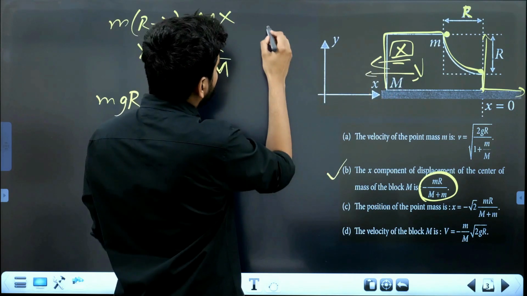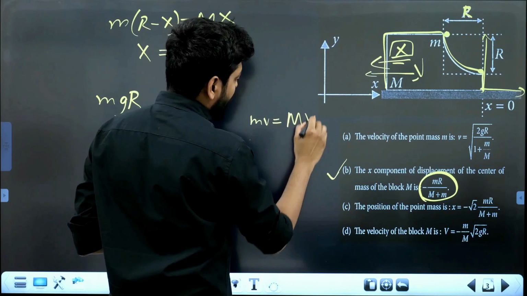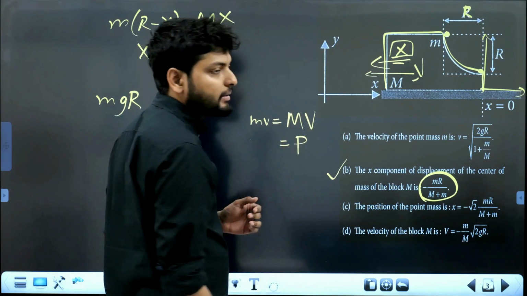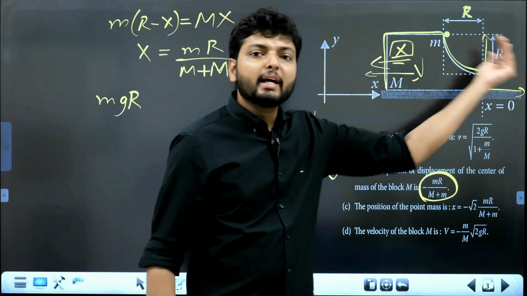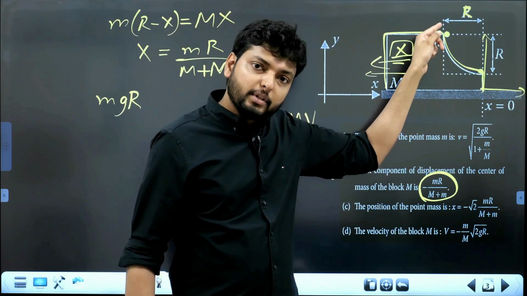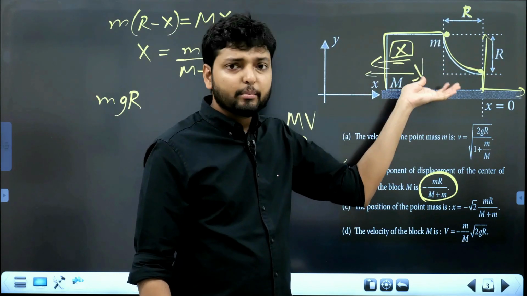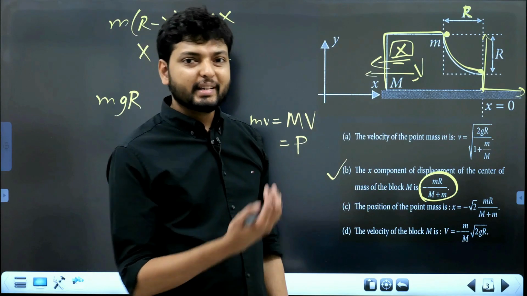In the system, we had already derived that m small v is equal to capital M into V is equal to P, right? Their respective momenta will be equal. The momentum of the point mass to the right has to be numerically equal to the momentum of the block to the left.